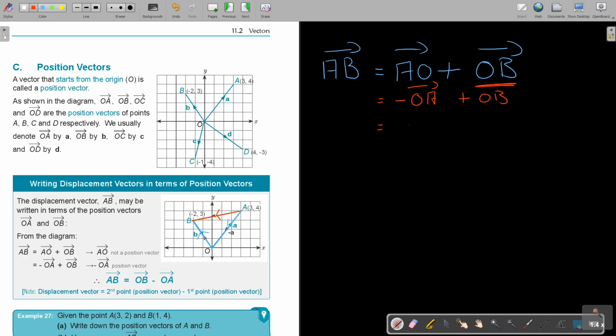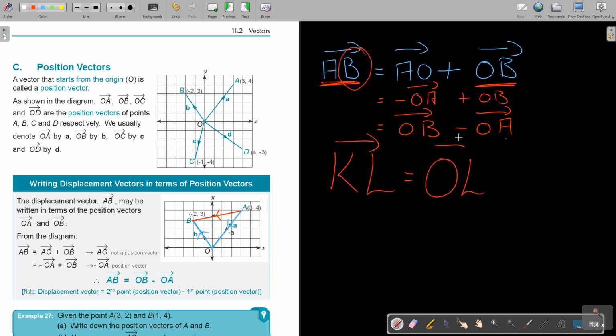So actually, if I want to put it in front, I can write it like this. Okay, so basically, I want you to focus here. I'm taking the second one and I put an O in front, and I subtract the first one and I put an O in front. So any vector, if I ask you to write this as a position vector, you can just take the second one minus the first one. And there it is in terms of position vectors.